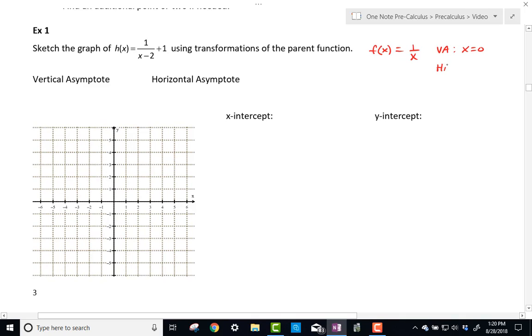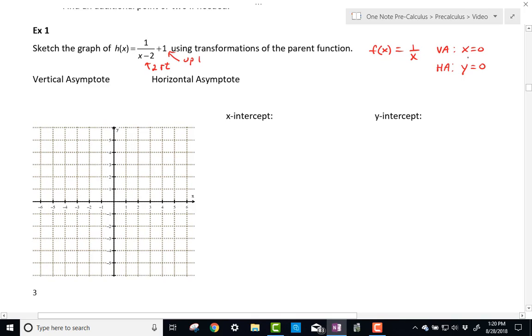I know that when we graphed it, we found out that the horizontal asymptote was at y equals 0. Pretty simple on that. I go back and I look at my new function h of x, and I realize that h of x has been shifted 2 to the right and up 1.